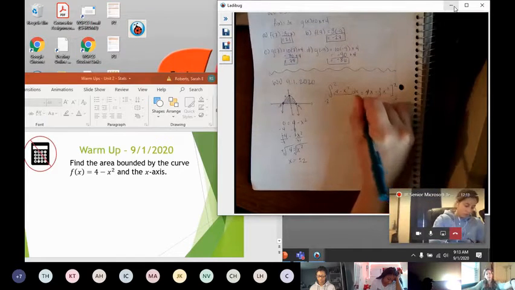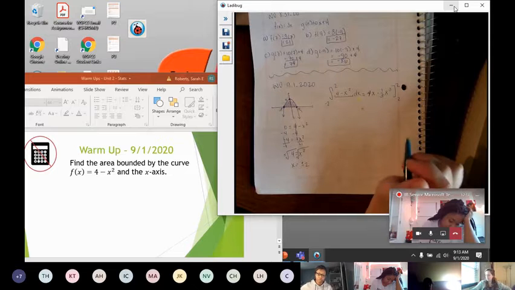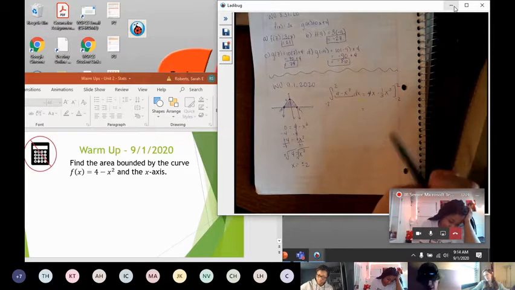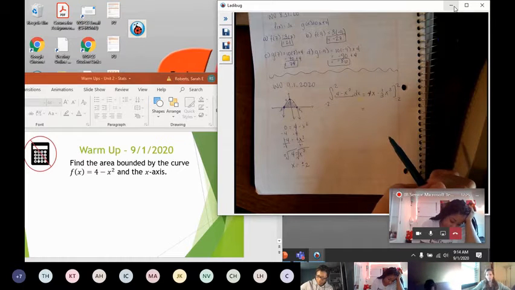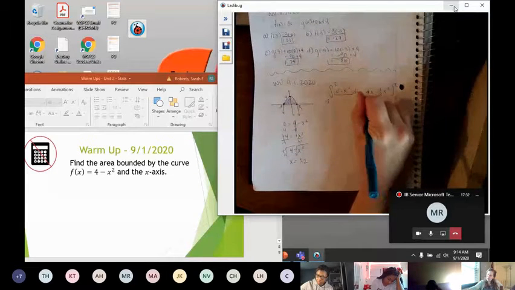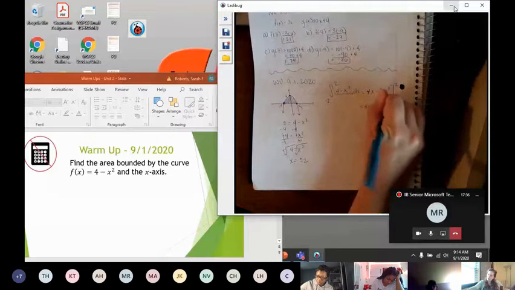All right, I'm going to pick on someone else. Miriam. Which of the limits of integration do I sub in first? I think the -2. Nope. The 2 then? Yes. So we're going to have 4 times 2 minus 1/3 times 2 cubed.